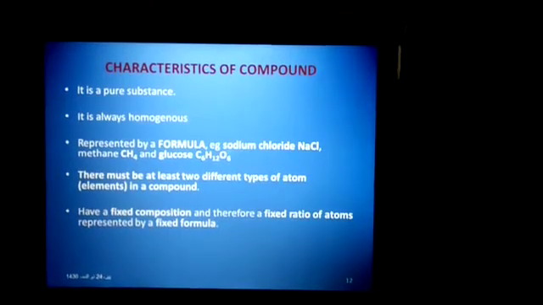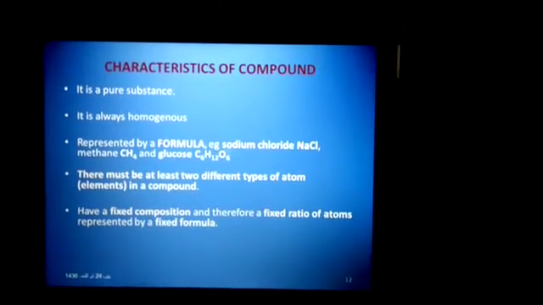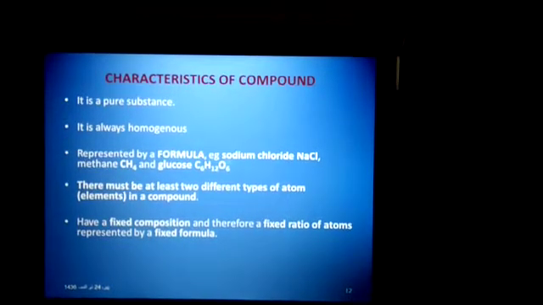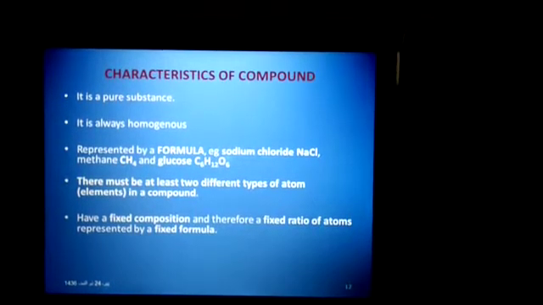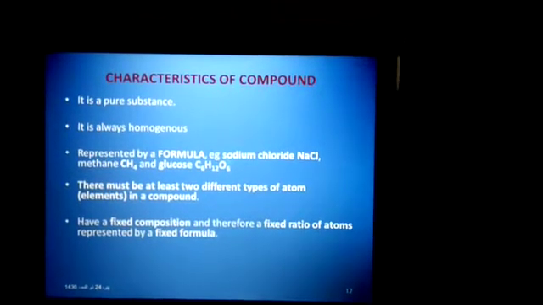There must be at least two different types of atoms in a compound. Last point, compounds have a fixed composition and therefore a fixed ratio of atoms represented by a fixed formula. So these are the characteristics of a compound.